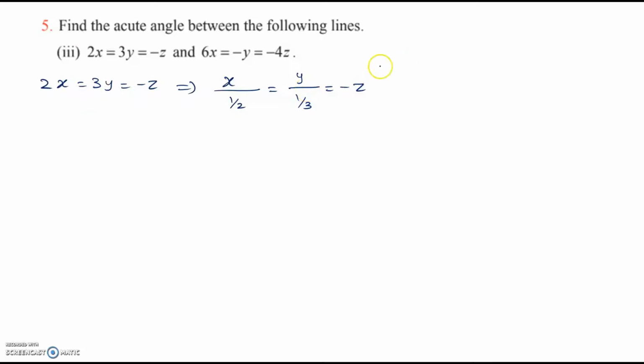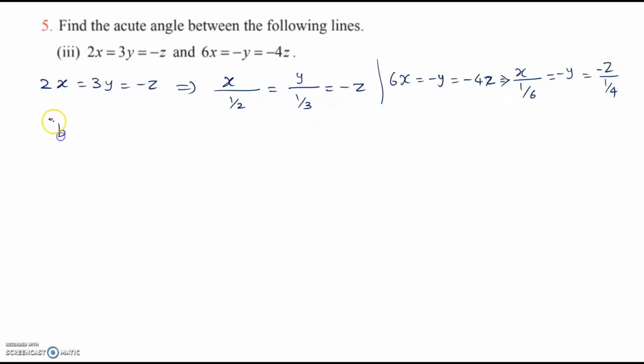And you can write the second one, 6x is equal to minus y is equal to minus 4z, similarly as x by 1 by 6 is equal to minus y, and that is equal to z by minus 1 by 4.